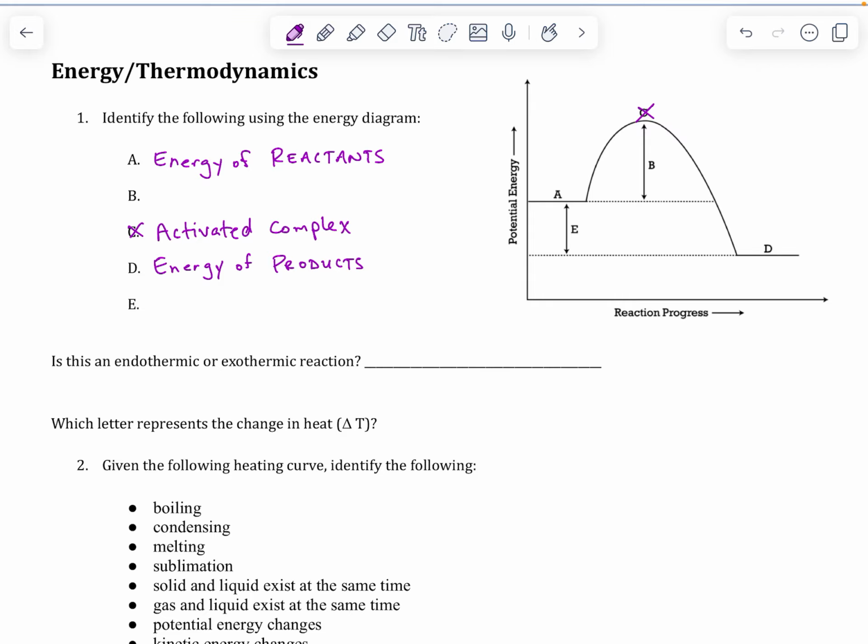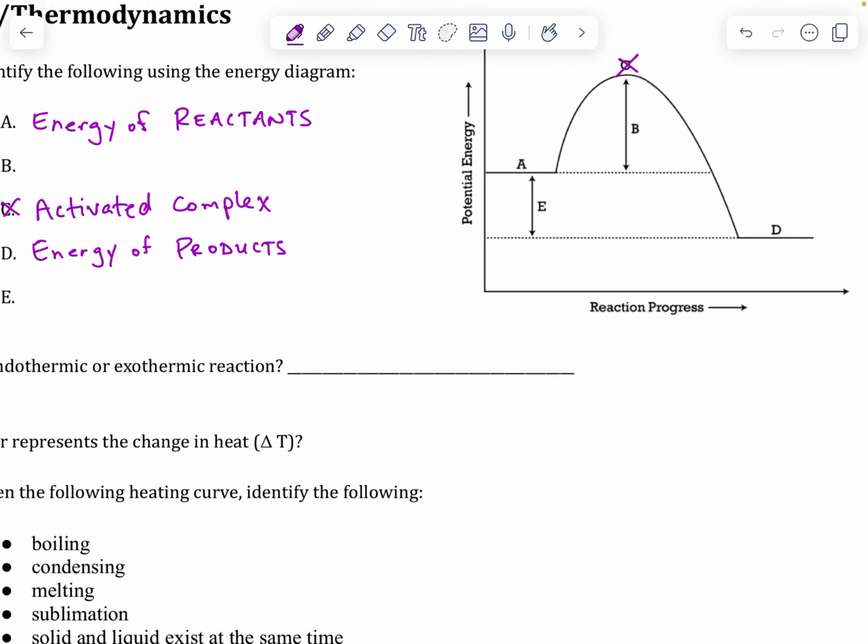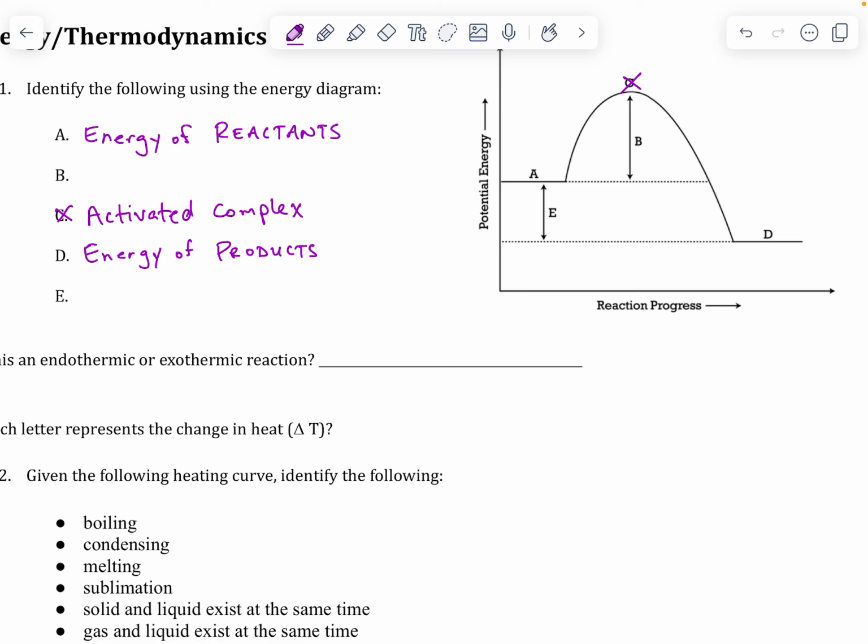Well, let's talk about E really quick because that compares energy of the reactants to energy of the products, right? And no matter where A is compared to D, that's what this E portion will represent. So when you're talking about this potential energy, we're also calling it thermal energy in this unit. So this is our heat.